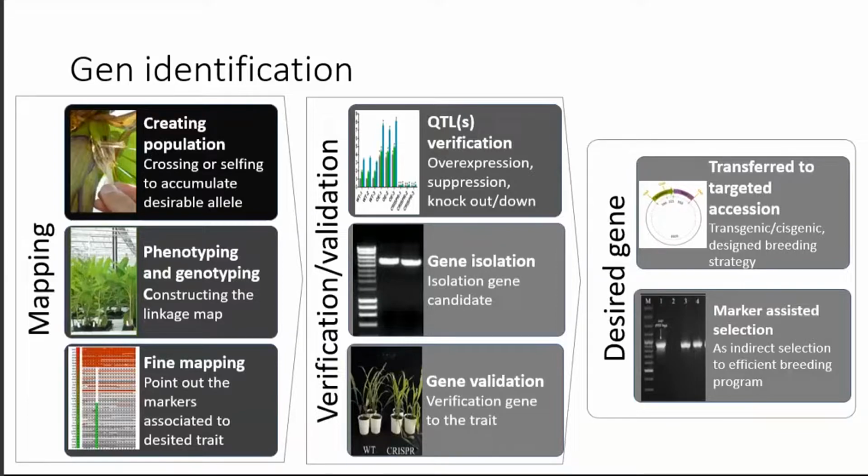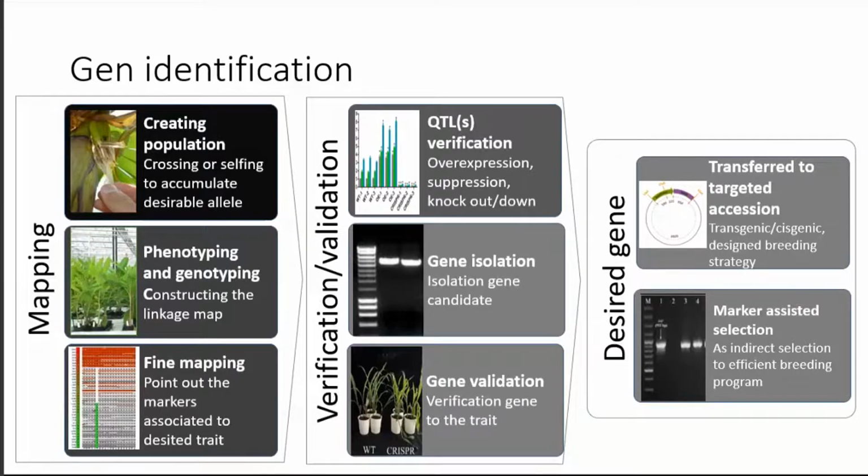The mapping begins with creating a population. We can cross or self to create the segregating population or to accumulate the desired allele. From this stage, it is followed by phenotyping and genotyping to construct the linkage map. Phenotyping can be done in the greenhouse bioassay or in the field.